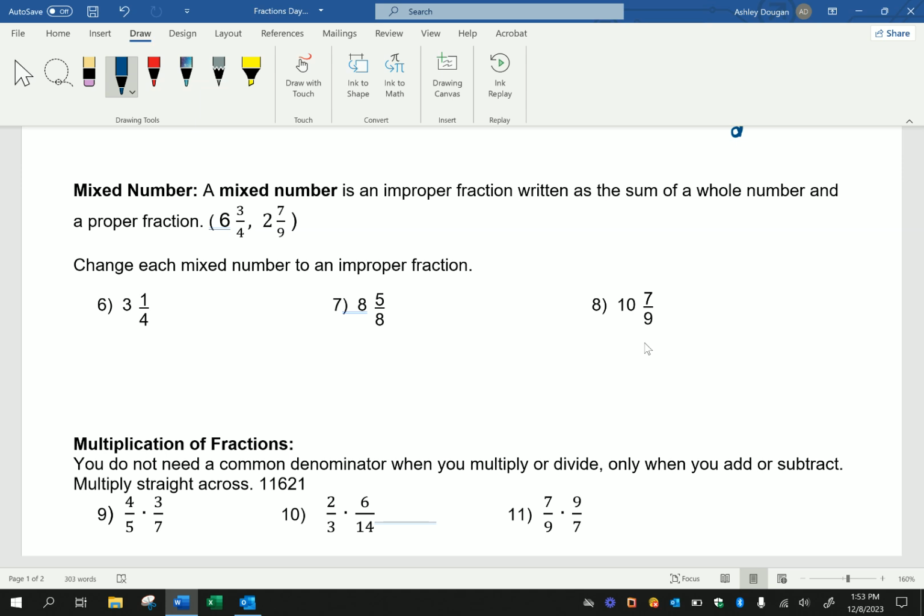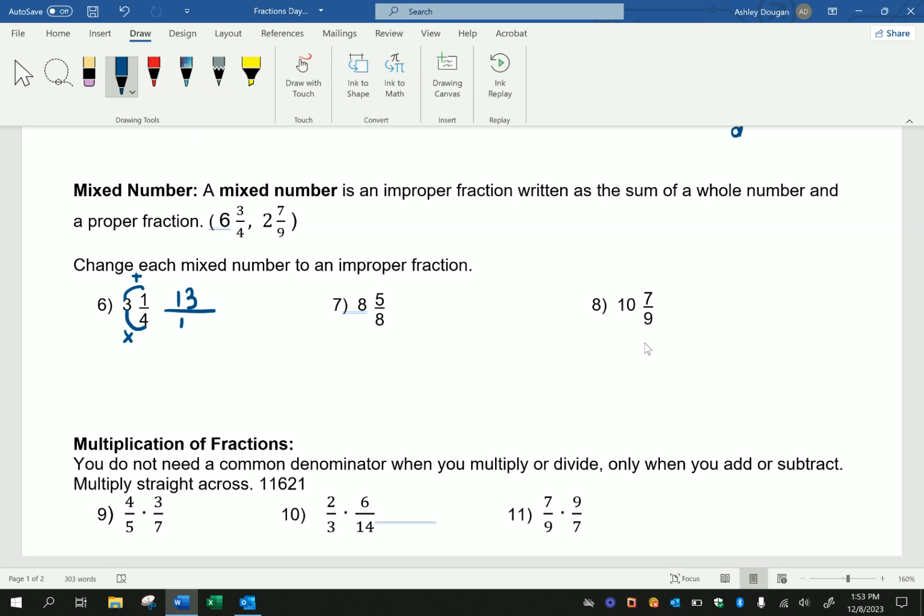And so to do that, what we do is we're going to multiply the 3 and the 4 together, so the whole number and the denominator. 4 times 3 is 12, and then we add the numerator. Plus 1 is 13.